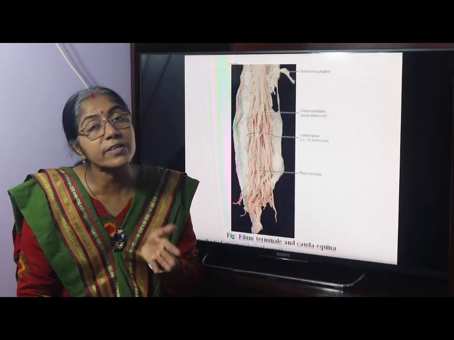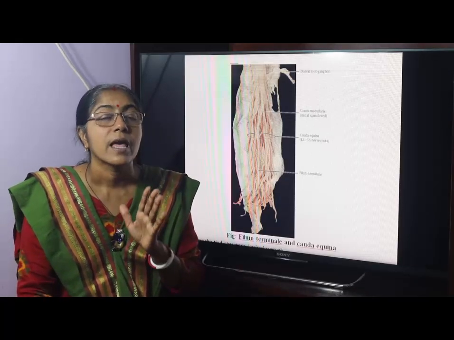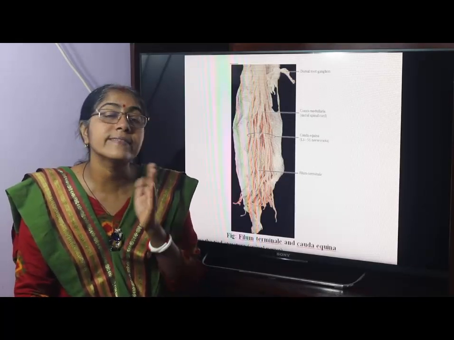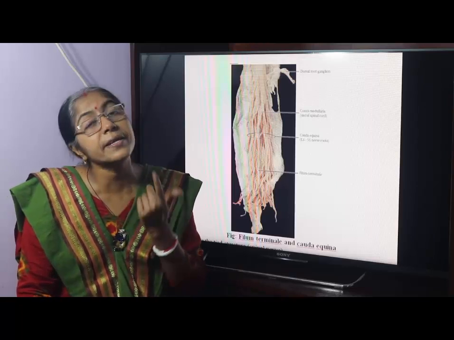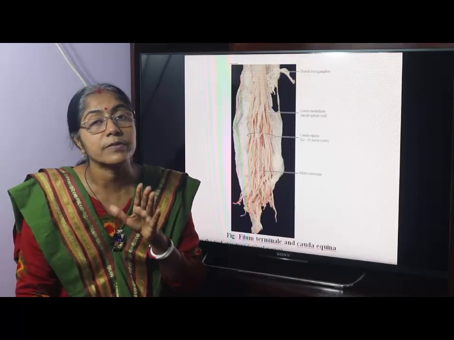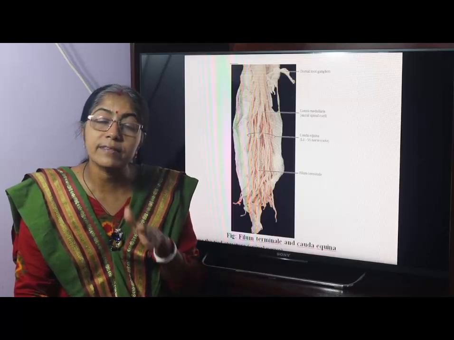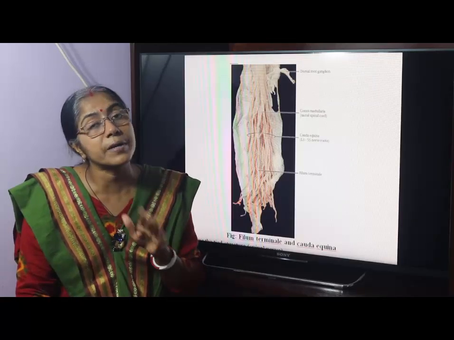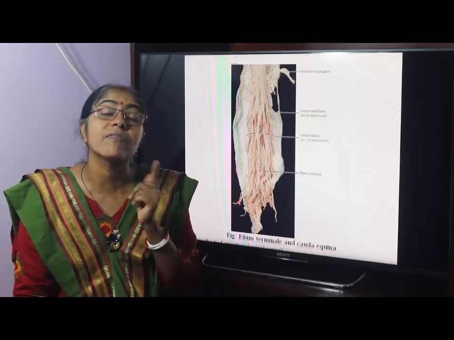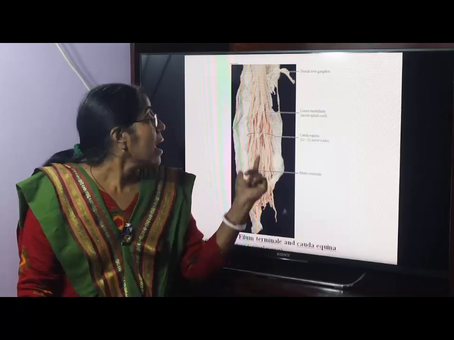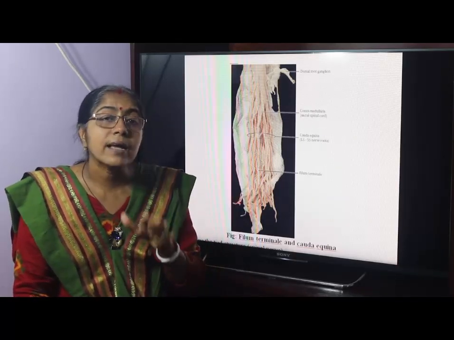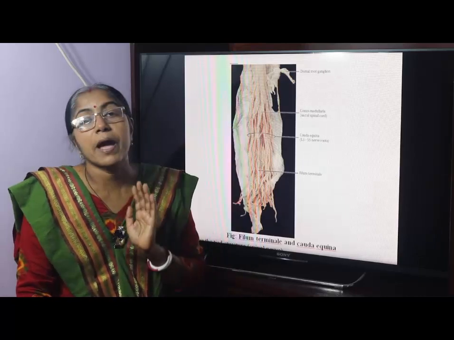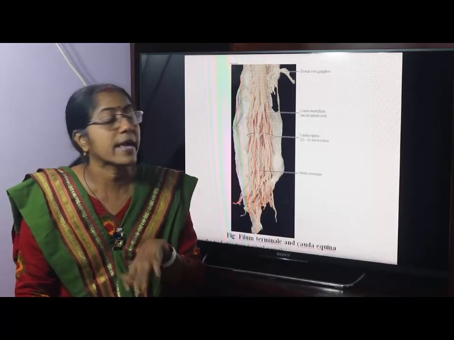It is the continuation of the pial sheath. It is about 20 centimeters in length. Again it is divisible into two parts: filum terminale internum and filum terminale externum. Now what is the function of the filum terminale? It serves as an anchor for the lower part of the spinal cord and dural sac.